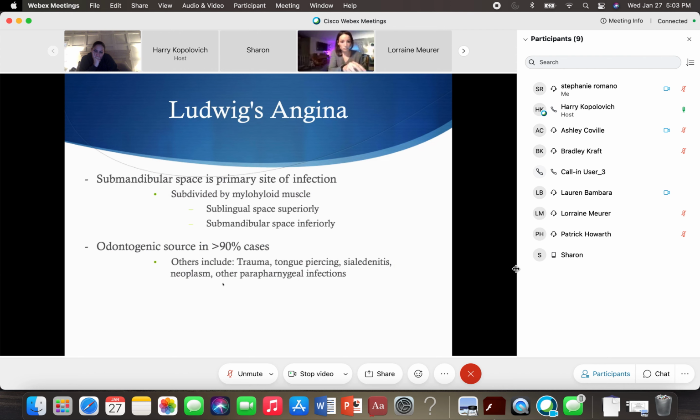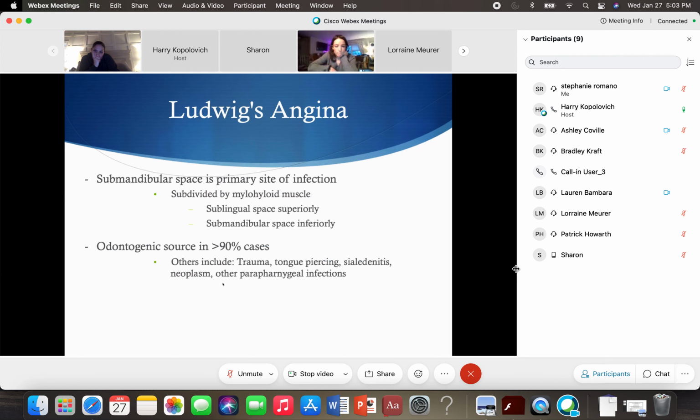What's the cause of Ludwig's angina? In greater than 90% of cases, it's dental or dentogenic in source. But we have seen etiologies from other reasons resulting in Ludwig's. Trauma, tongue piercings. We actually saw a couple of these cases when I was working at my last site. Sialadenitis, tumors can occasionally do it, or other deep space parapharyngeal infections.